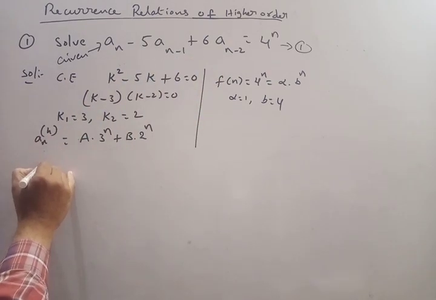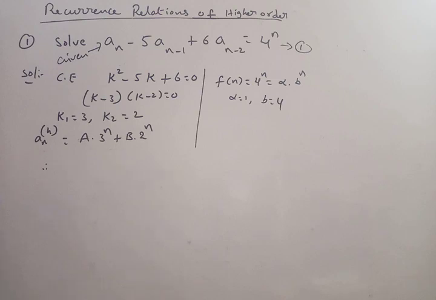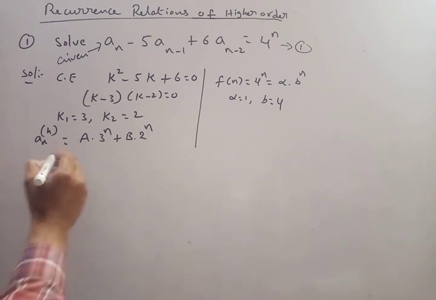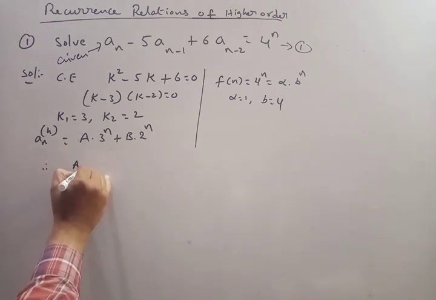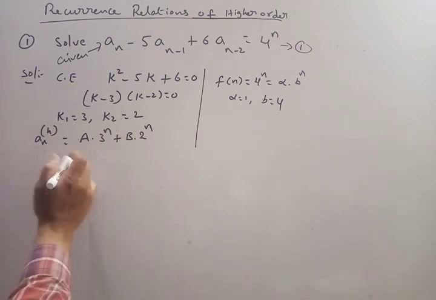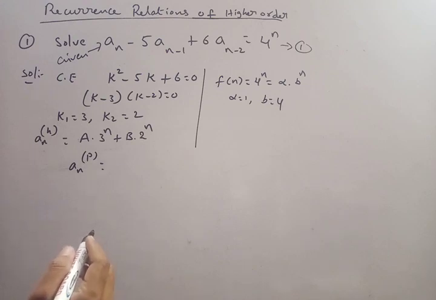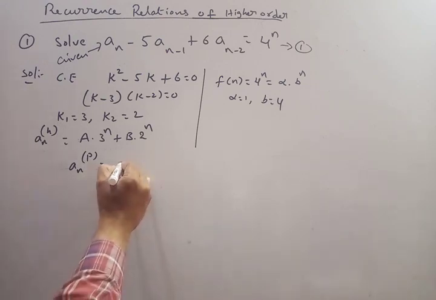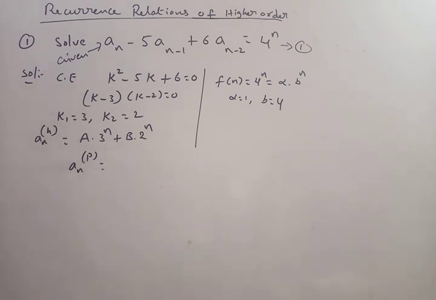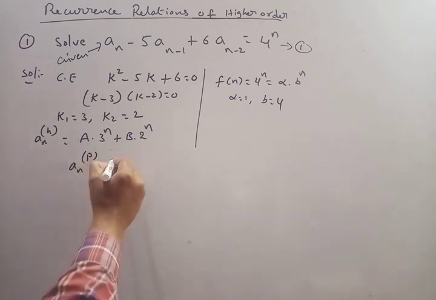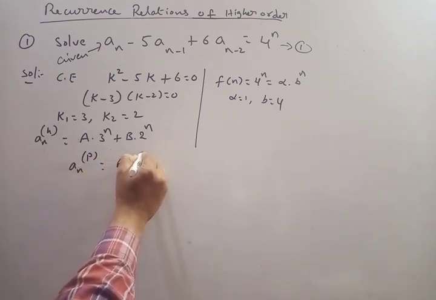Therefore, to find a_n^(p), what is the formula we have to take? a naught into b power n.